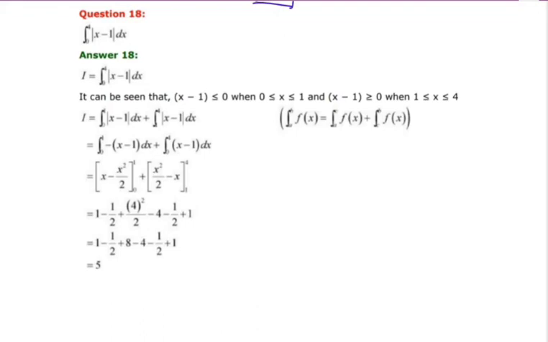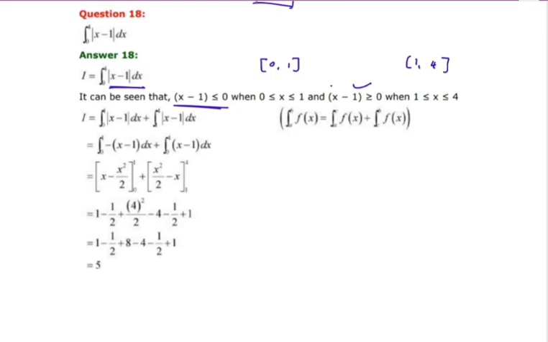So question number 18: the integral from 0 to 4 of mod x minus 1 dx. It can be seen that x minus 1 is less than or equal to 0 when x is in the closed interval 0 to 1, and x minus 1 is greater than or equal to 0 when x is in the closed interval 1 to 4, right?